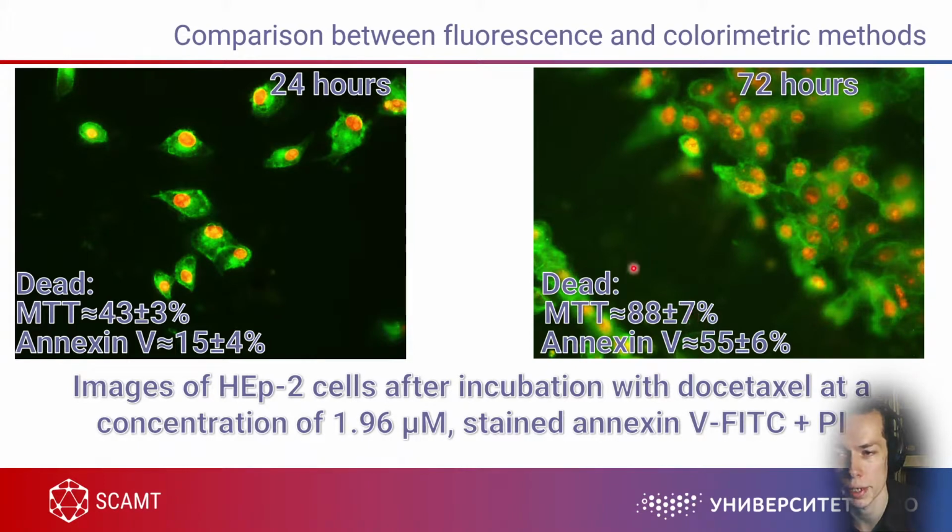So between MTT and annexin staining, there's some hysteresis loop. First you observe a decrease in viability, a decrease in metabolic activity, and only after some time, when the stress is still in place, so nanoparticles are still in your cells, this decrease will result in cell death.